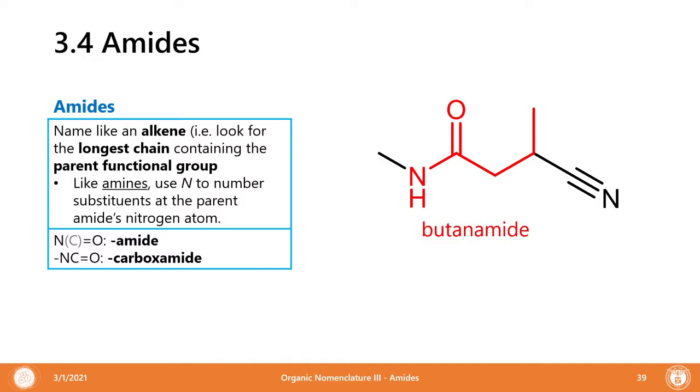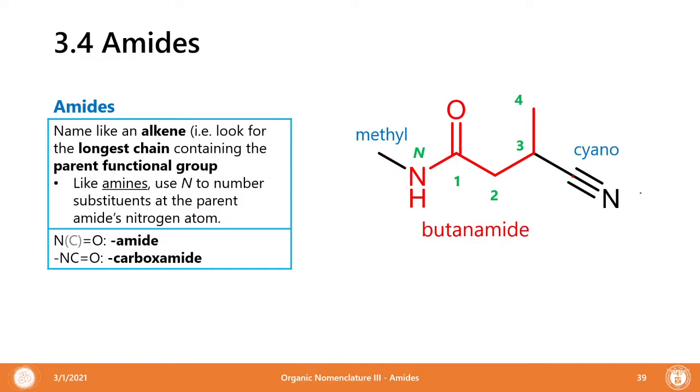Okay, we find a substituent, cyano, right here. Okay, remember the cyano group has the triple bonded carbon to the nitrogen, and a substituent methyl at the end position of the amide. Now we do locant numbering, setting number 1 automatically to the amide group.